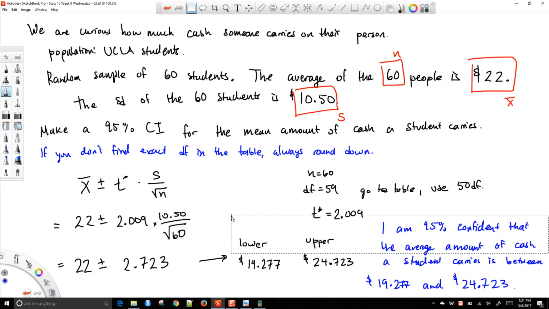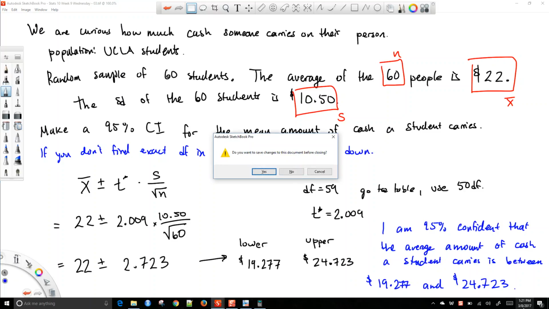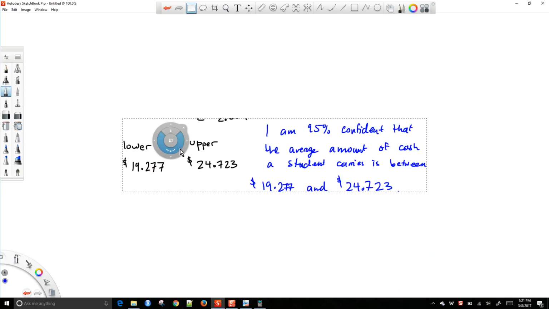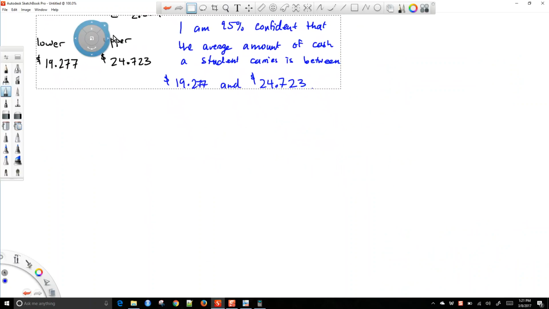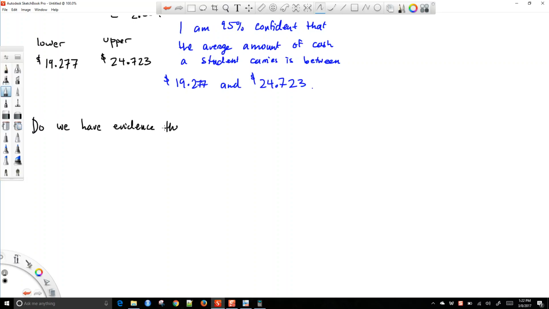Is that good with everybody? All right. I'm going to just copy that last statement onto this slide. You obviously don't have to write it again. I could ask a question. I could say, do we have evidence that the average amount of cash is, we'll say, not $25.